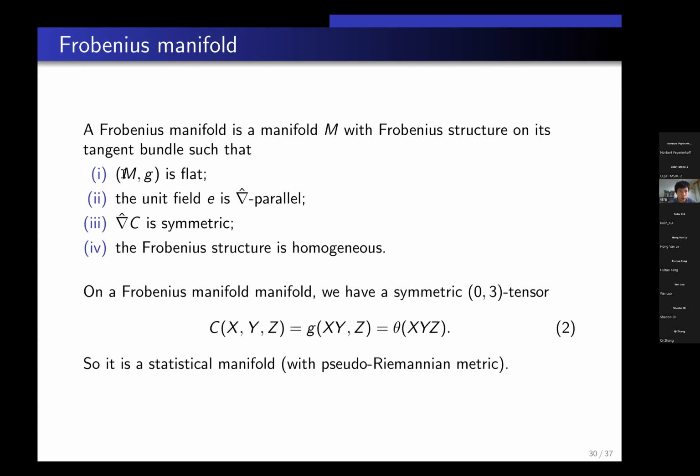We also need the metric to be flat, and we should have a so-called unit vector field, which is parallel with respect to the Levi-Civita connection, and also a 0,3 tensor C such that nabla C is totally symmetric. This C could be obtained from G or theta by this formula. I think this C is very important in the definition of the Frobenius manifold.